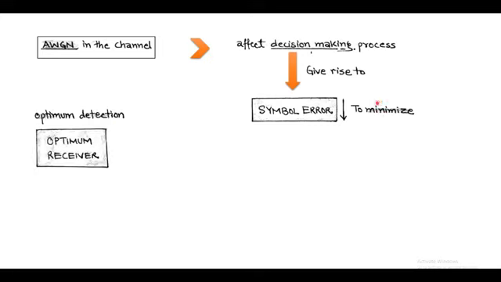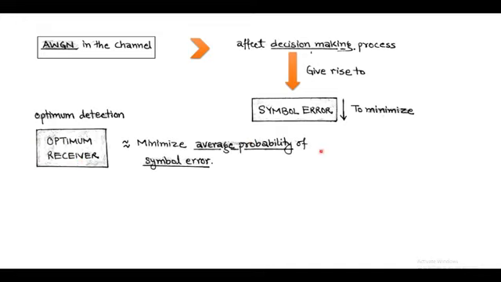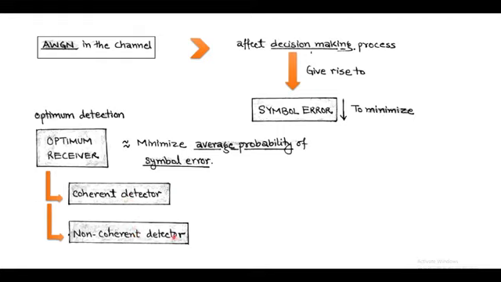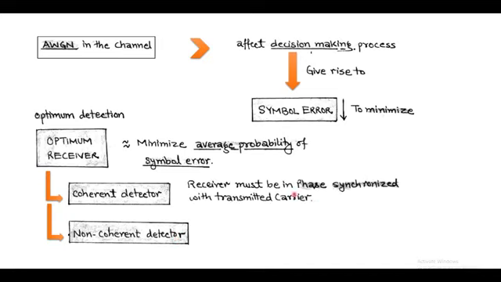For this, we use an optimum detection process where an optimum receiver is used to minimize the average probability of symbol error. There are basically two types of optimum receiver, based on coherent detection and non-coherent detection. In a coherent detector, the receiver must be synchronized in phase with the carrier at the transmitter side, while in a non-coherent detector there is no requirement of phase synchronization.